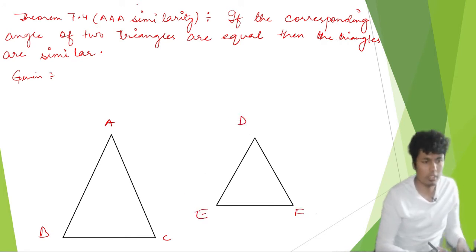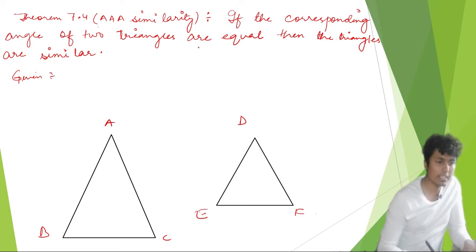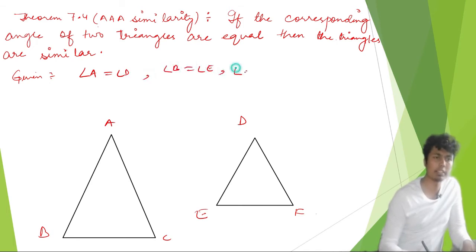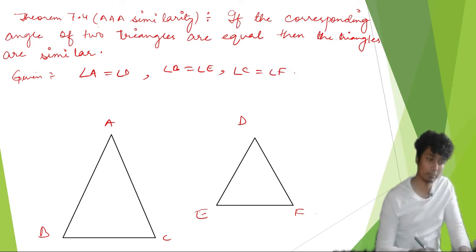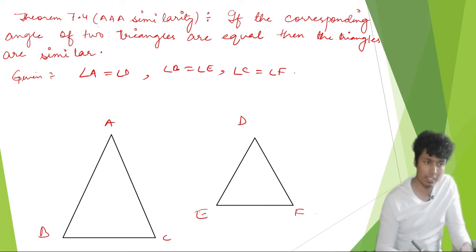Angle A is equal to angle D. Corresponding angles are equal, right? So angle B is equal to angle E, and angle C is equal to angle F. These are the corresponding angles which are equal in both the triangles.